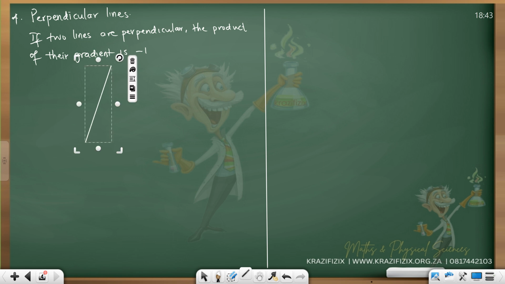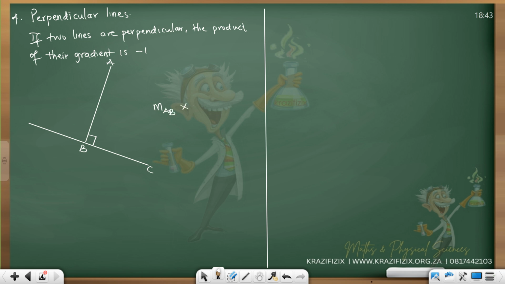Remember, the word perpendicular means that the angle between them is 90 degrees. I have A, B, and C. It means the gradient of AB times the gradient of BC equals -1.